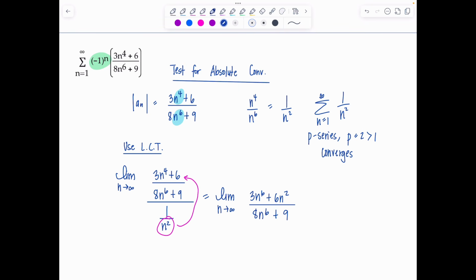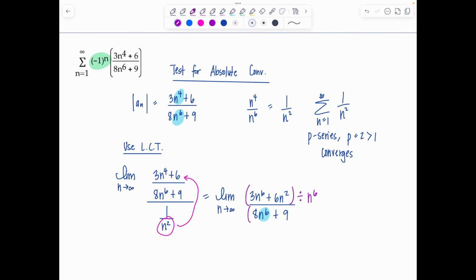Again, we have an indeterminate form, infinity over infinity. I really save L'Hopital's rule when I have no other option, because you have to change everything to be a function of x. And it's like, we don't want the hassle. We just want to get this done. So the rule of thumb is divide by the highest power of n from the denominator when you have this indeterminate form, infinity over infinity.